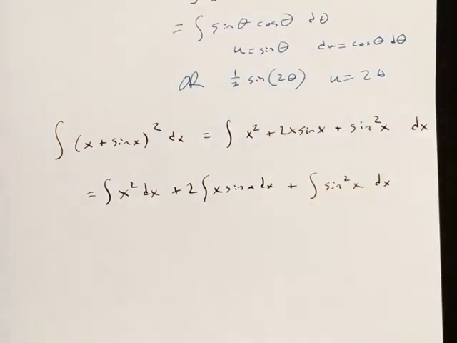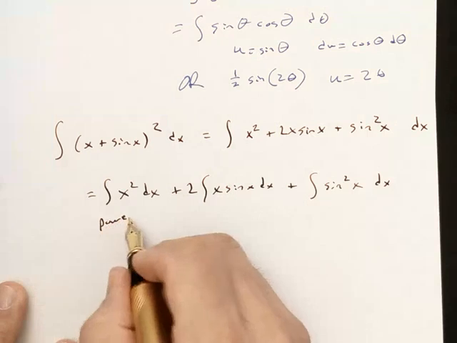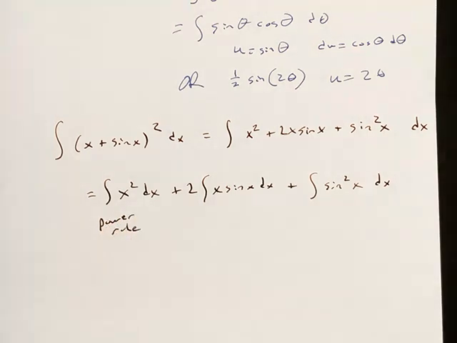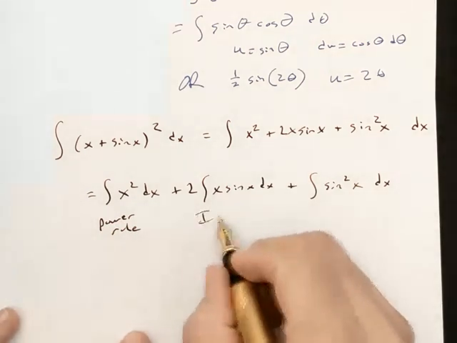What do I do for the first one? Just what rule? Power rule. For the middle one, maybe integration by parts. Exactly.